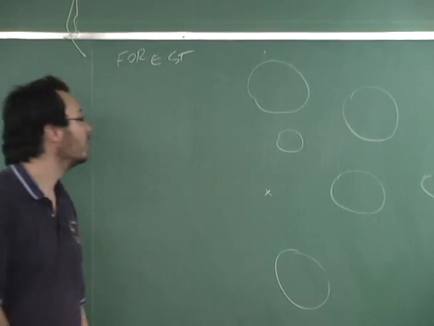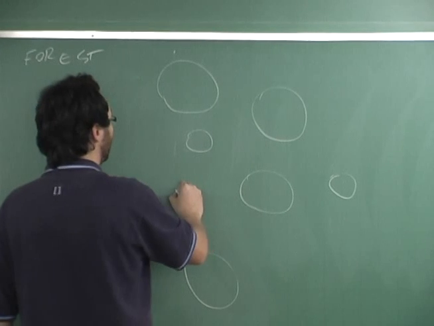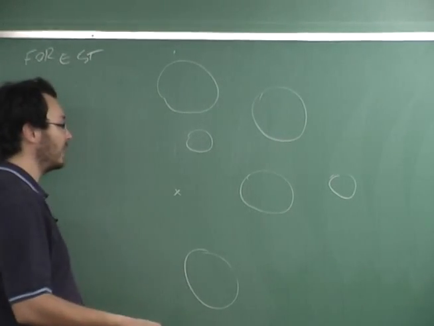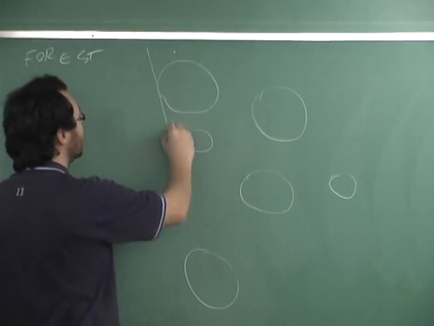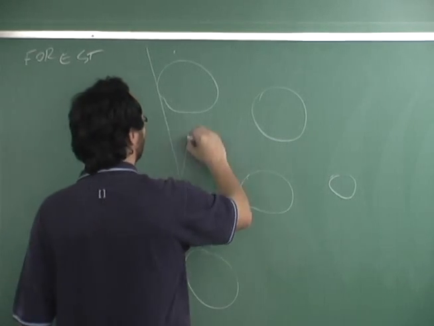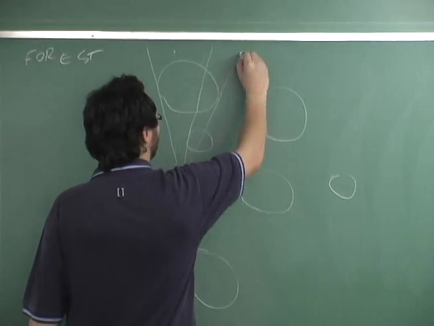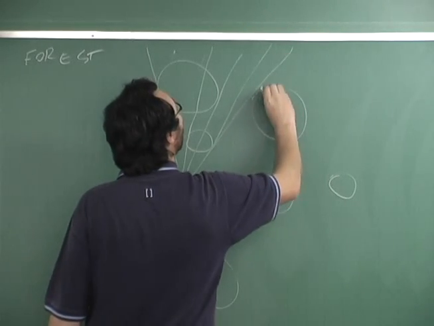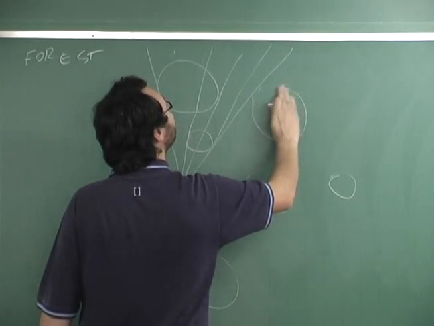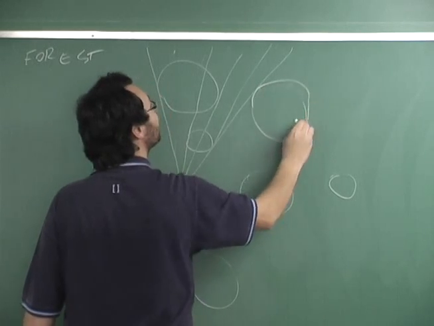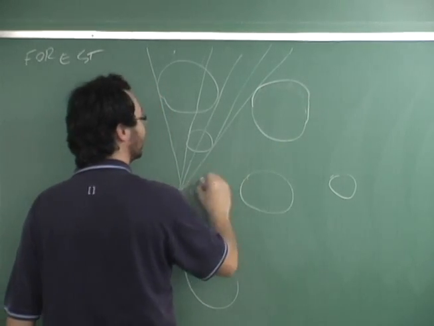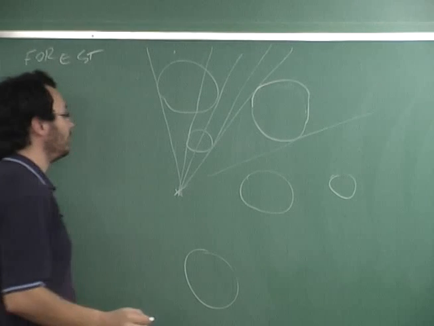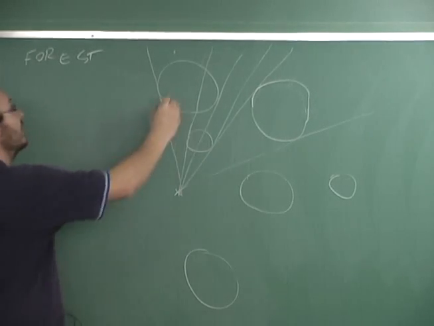What we should do is, from this point, compute the tangent lines to each of the circles, like this. This is quite easy to do.